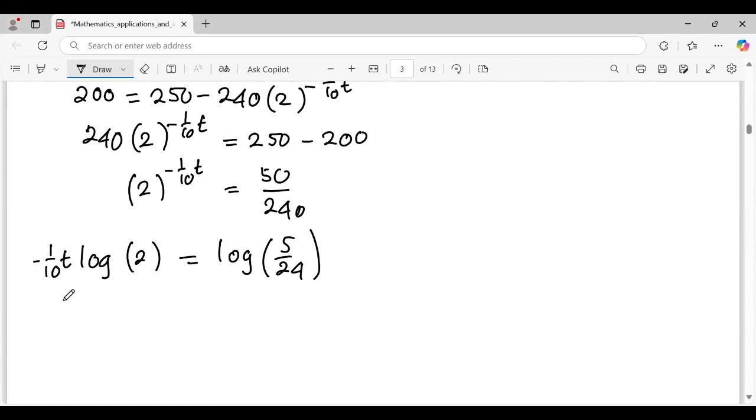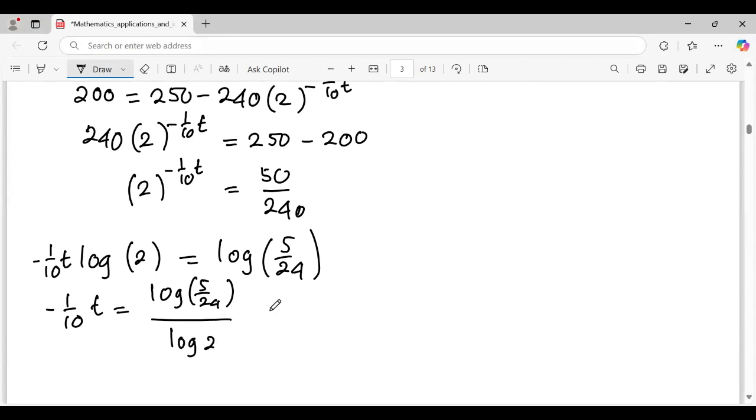Or we can convert this form. I would like to write minus 110t equals log of 5 over 24, over log 2.